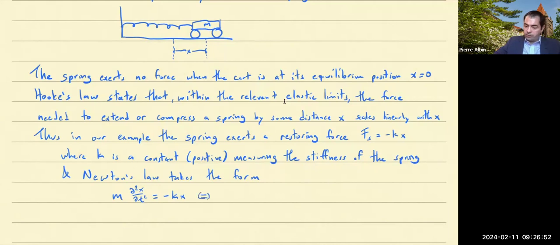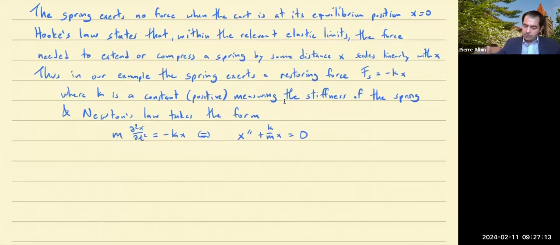Or we can rewrite this as m x double prime plus k times x equals 0, or since we prefer to have the coefficient of the highest derivative be equal to 1, x double prime plus k over m x equals 0. Okay, so this is a second order linear equation with constant coefficients, and it's easy to write down the solution.